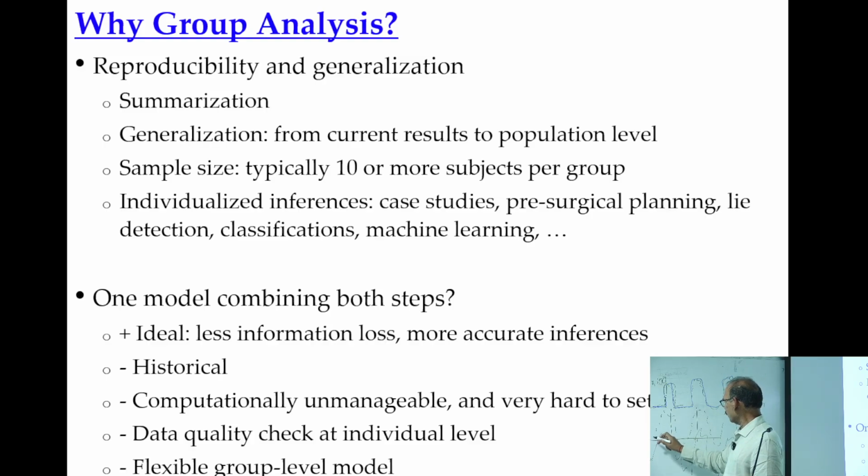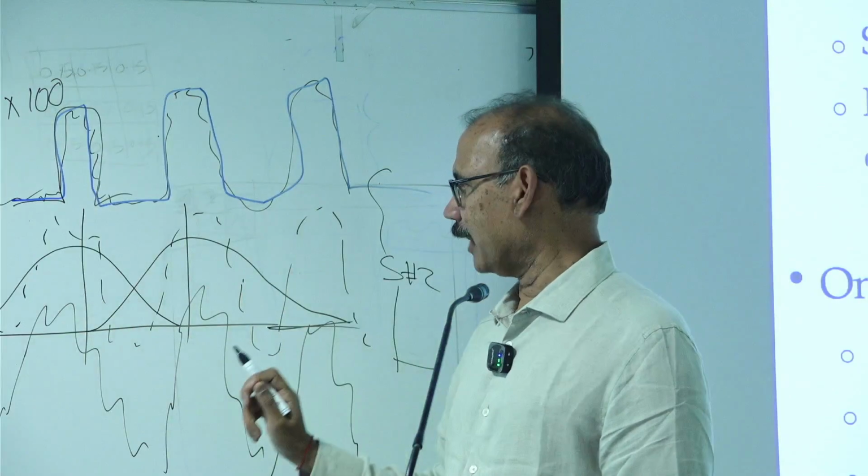So I'm just drawing only one parameter. Let's say weight. Let's say the distribution is like this, right? Assuming an equal number of male and female, right? This being female, this being male, right?